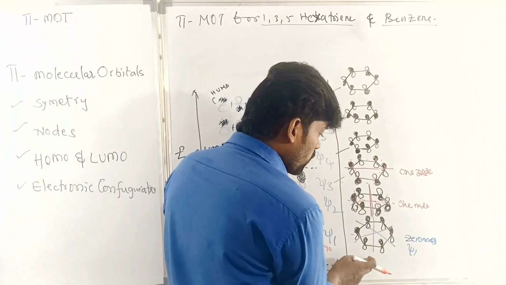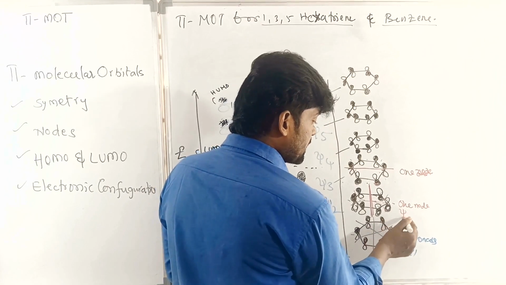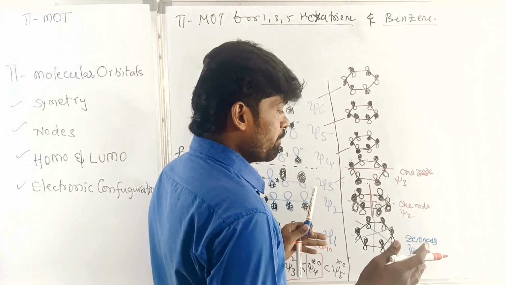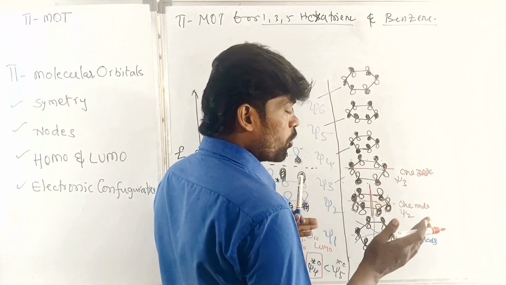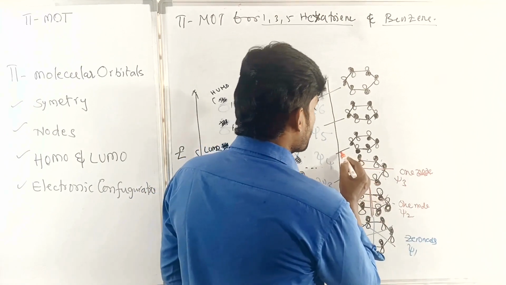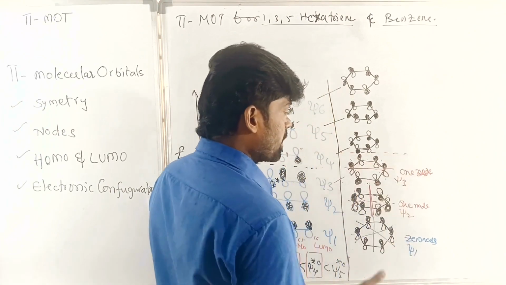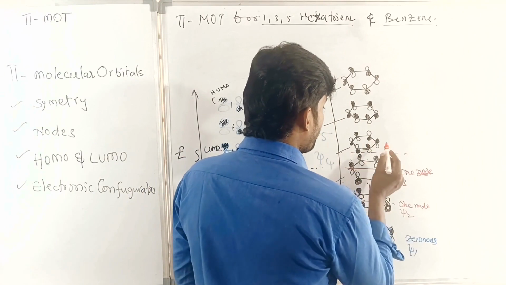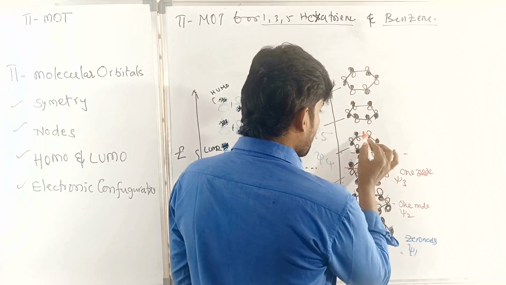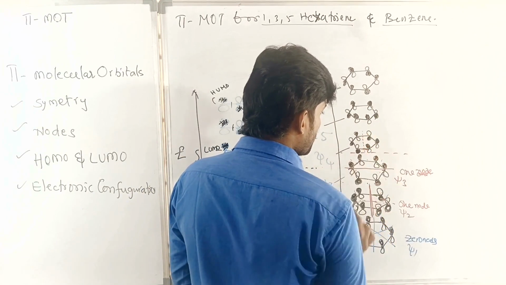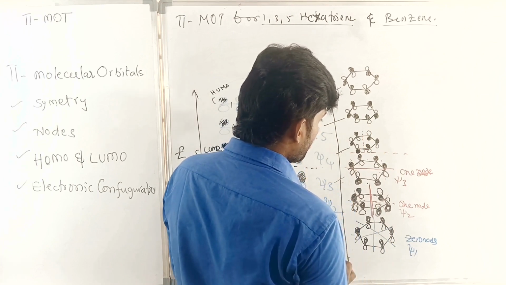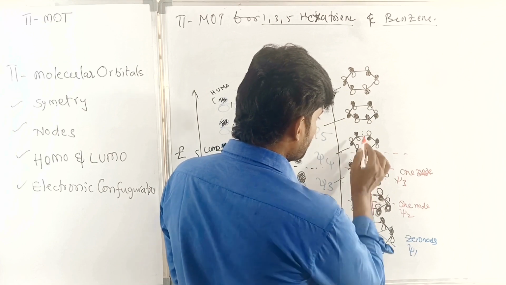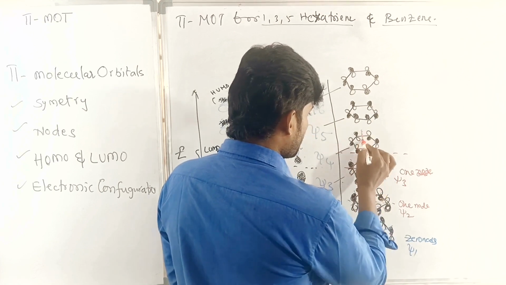So Psi1 has 0 nodes, Psi2 and Psi3 are both the same in energy level because they each have one node. So these are bonding molecular orbitals, because 3 are bonding and 3 are anti-bonding. Now coming to Psi4, with respect to this axis, we are able to cut it into two parts, right?